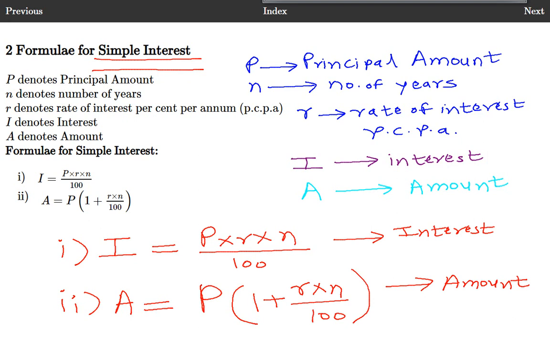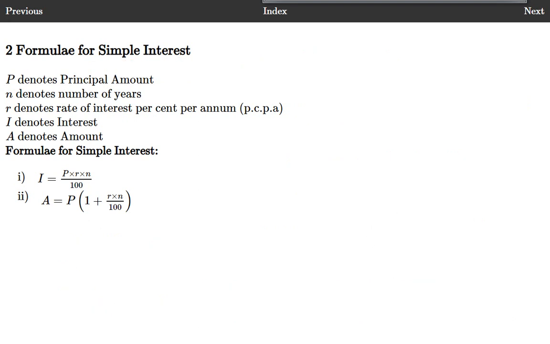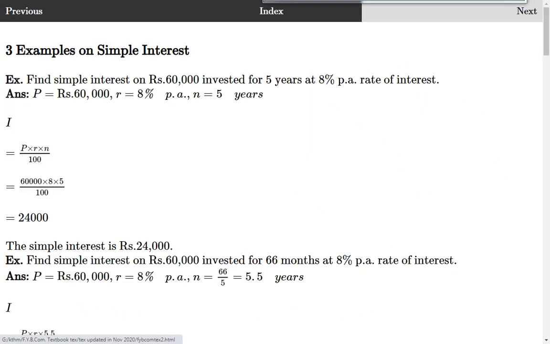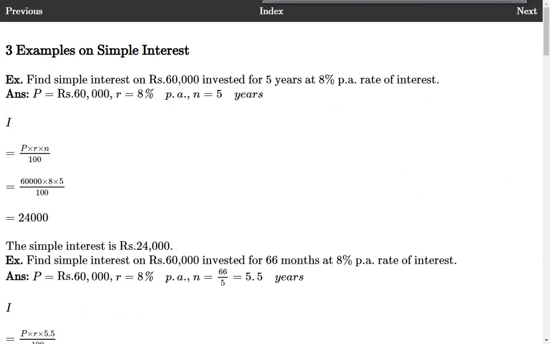Let us solve some examples based on these formulae. The first example which we are going to study is this. Find simple interest on rupees 60,000 invested for 5 years at 8% per annum rate of simple interest.